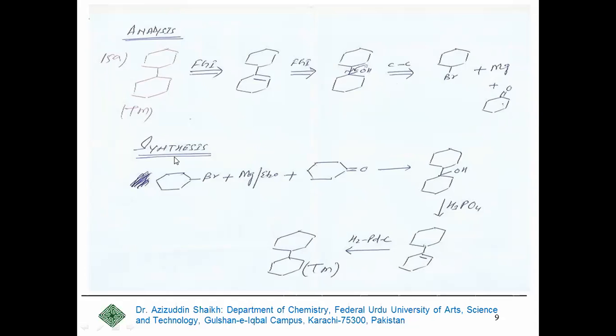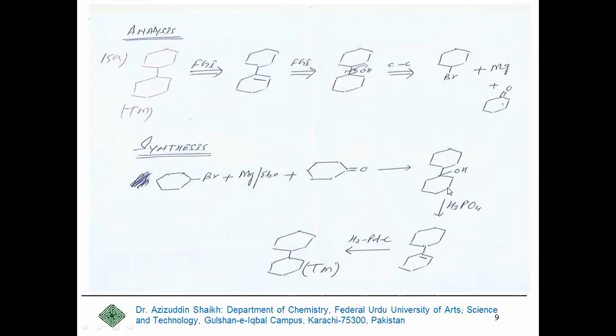In the synthesis, alkyl halide reacts with magnesium in presence of diethyl ether as a solvent. Then you will obtain alkyl magnesium halide, which is the Grignard reagent, and it reacts with the carbonyl compound. Then you will obtain this tertiary alcohol.